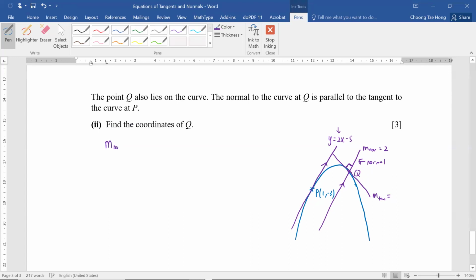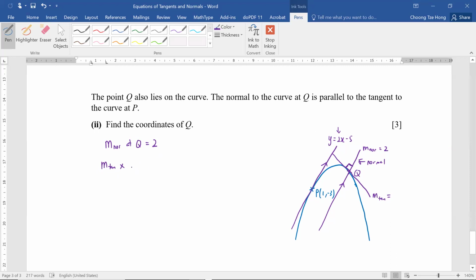We know that the gradient of the normal at Q is equal to 2, because it's parallel to the tangent at P, which has a gradient of 2. Let's calculate the gradient of the tangent. When two lines are perpendicular, the product of their gradients is -1, right?